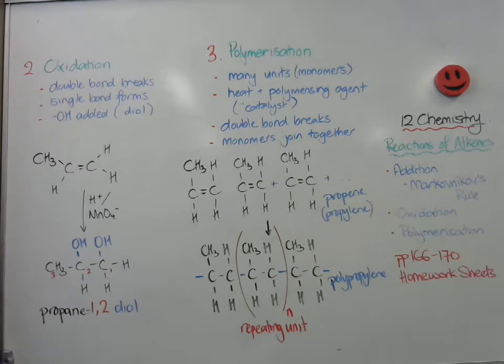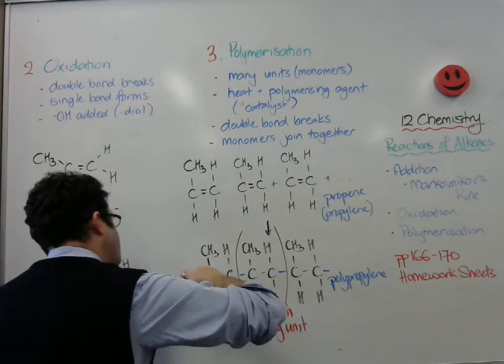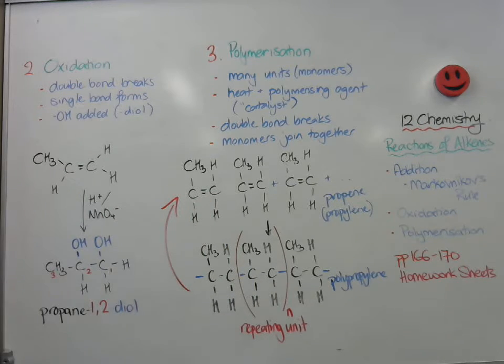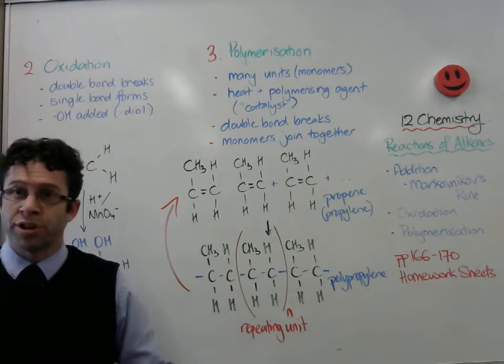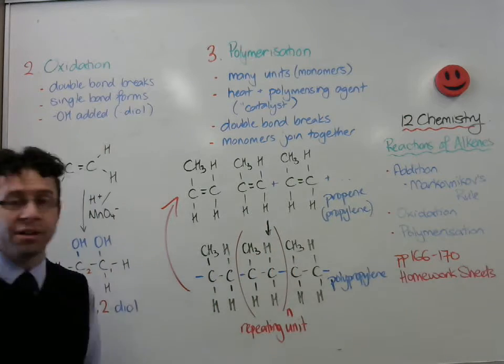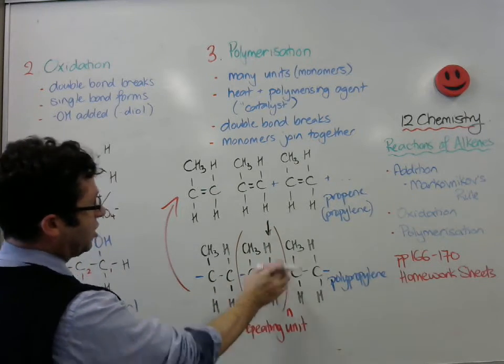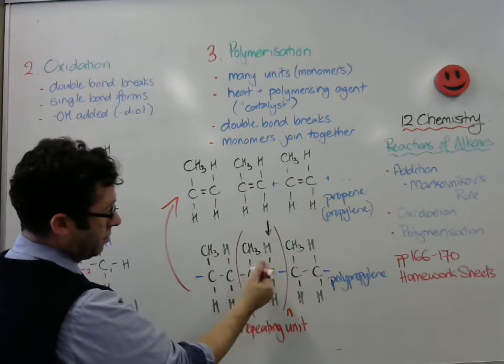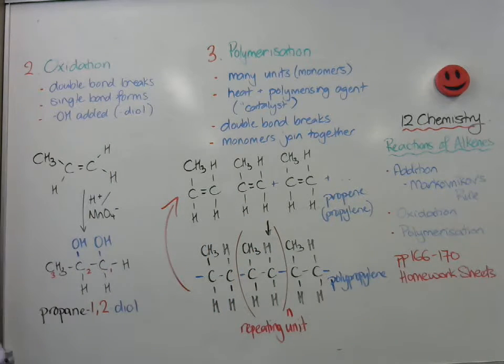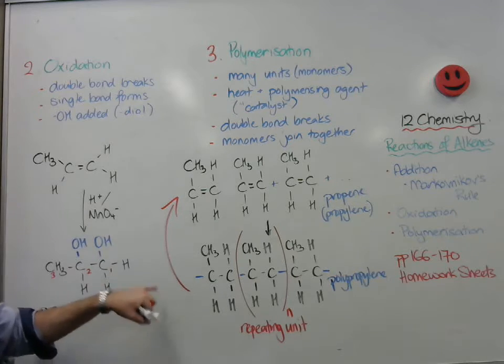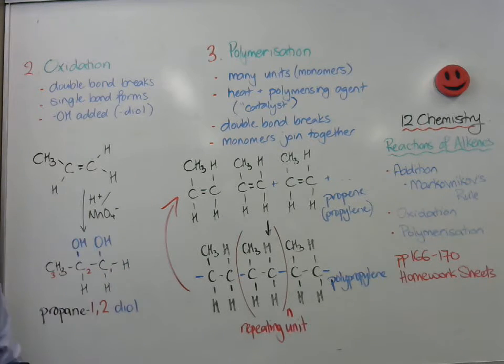The other thing you have to be able to do is go the other way. So the way to do that is if you've got three drawn in a row, circle the middle two carbons and everything they're bound to, call that the repeating unit, draw it, and then put a double bond in the middle, and you now have the monomer. So you might have to go back the other way. Okay.